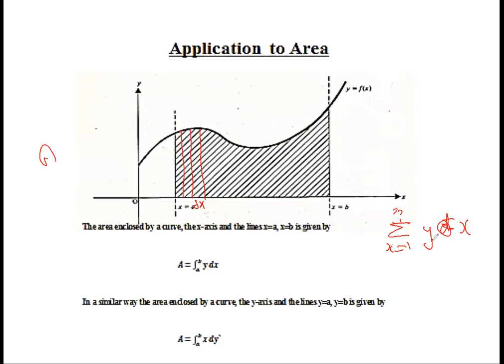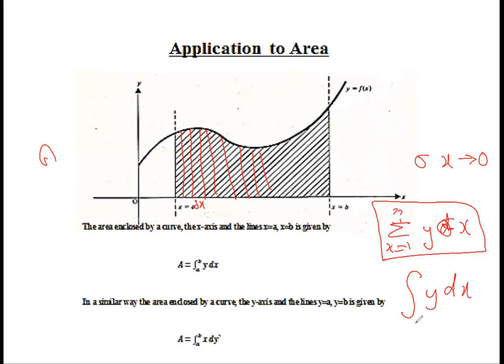So when they realize that this really, instead of this here, it's really the sum of all these little strips, the area under this curve. And as delta x tends to 0, this approximates to the summation or the integral of y dx from x equal a to x equal b.